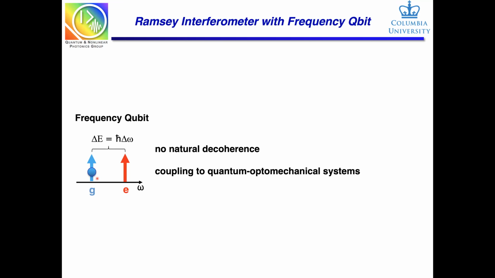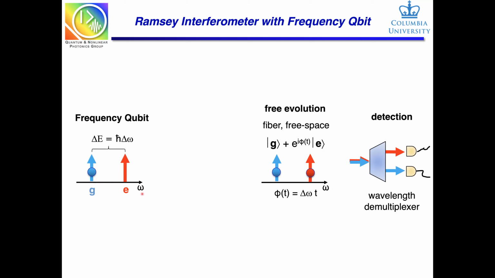So we now have this frequency qubit, which looks like a two-state system. The frequency can be, for example, a blue photon or a red photon. That's our frequency qubit. And so by applying a pulse, we can put it into a superposition of ground and excited states, just like the atomic system. And so the idea is you could put it in this superposition and then propagate these fields.